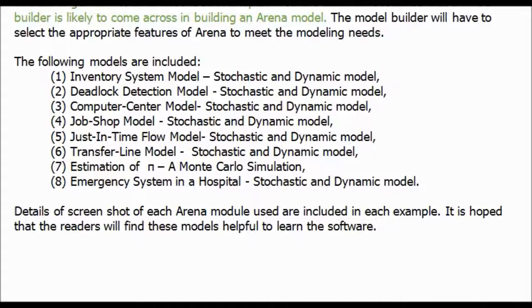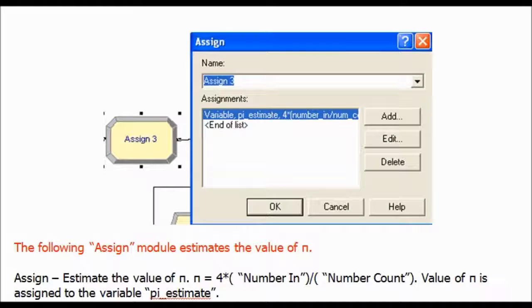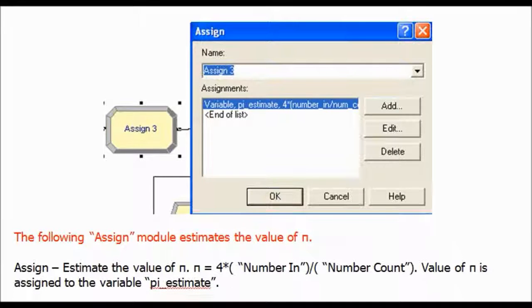The following assign module estimates the value of Pi. Assign. Estimate the value of Pi: Pi equals 4 asterisk Number in slash Number count. Value of Pi is assigned to the variable pi underscore estimate.